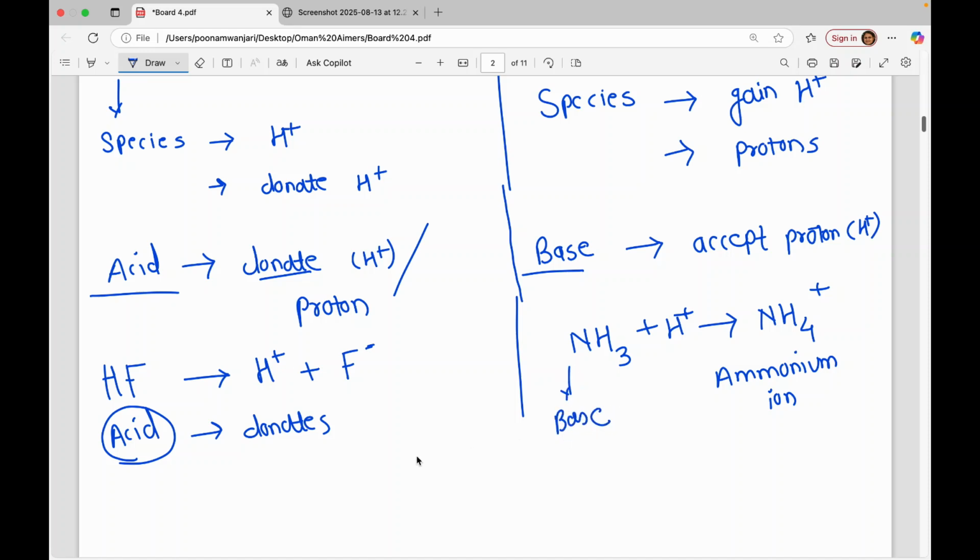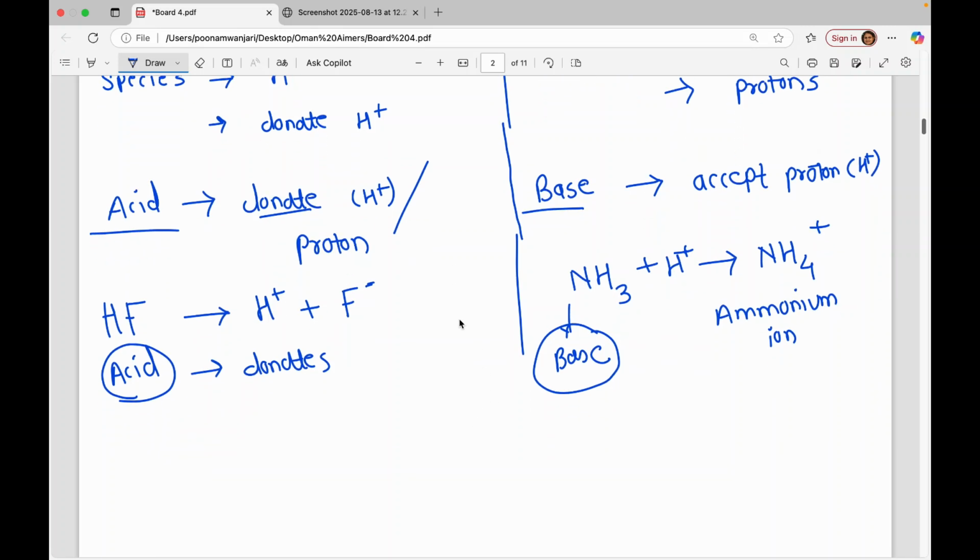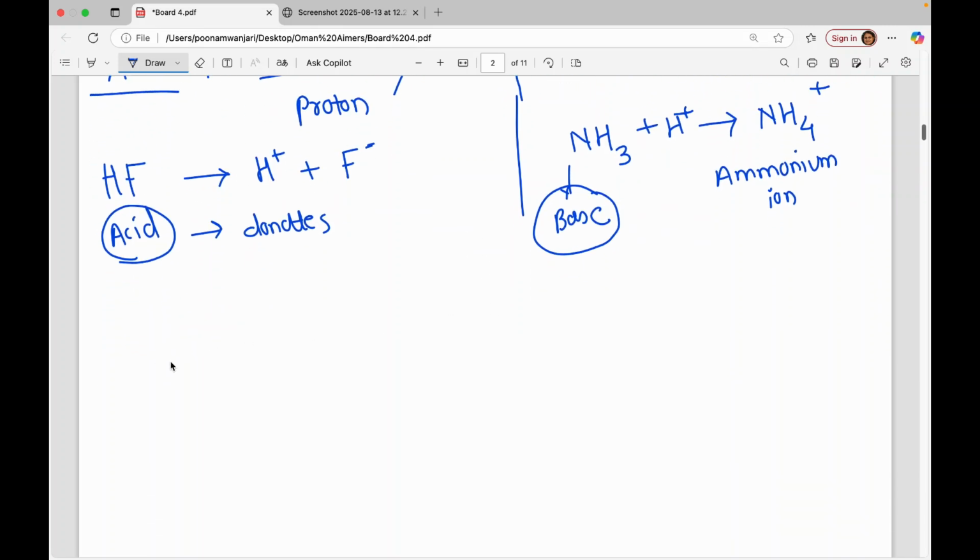This is a very simple concept, students: an acid is a substance which donates a proton and a base is a substance which accepts a proton. Let us take a few more examples. If I take the example of HCl, hydrochloric acid, it contains H, so it will donate this H+ with the release of Cl- ion.